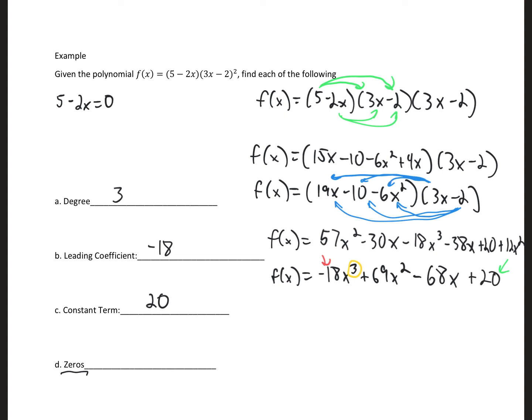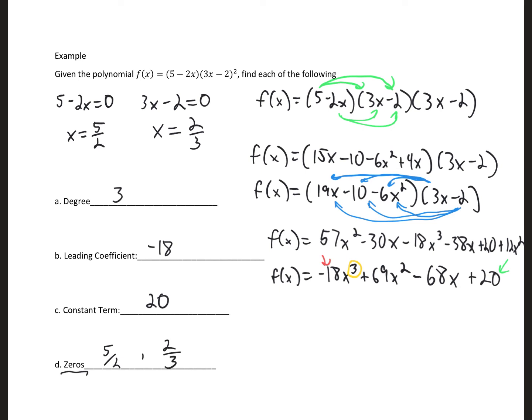And then since 3x minus 2 happens twice, we could set that equal to 0. And if I solved each one of these, by subtracting 5 and dividing by negative 2, I'd actually get x equals positive 5 over 2. And here if I added 2 and divided by 3, I'd get 2 over 3. So 5 over 2 and 2 over 3 are my zeros.